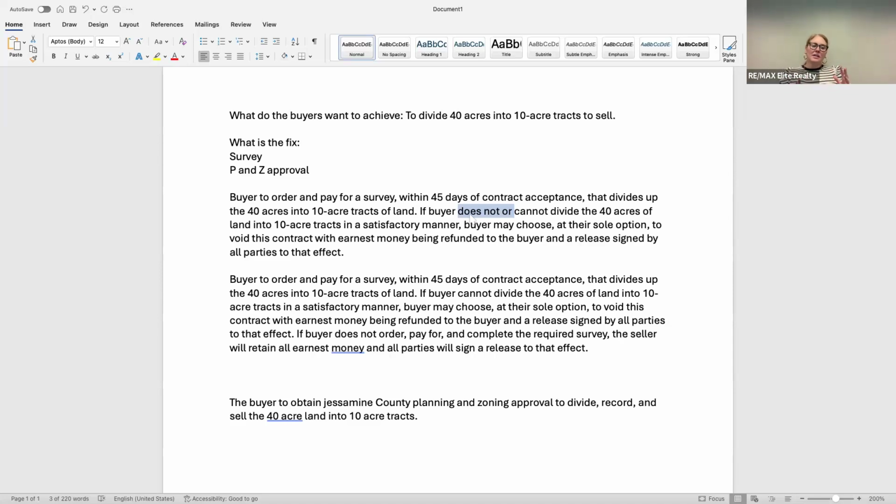When you have that document and there needs to be a modification, let's say, like in Susie's example, we're removing this contingency and the buyers decided they're going to keep the 40 acres, and they don't want to go through all this trouble of splitting it up. They will add that addendum, and that addendum will do what's called citing the original contract.